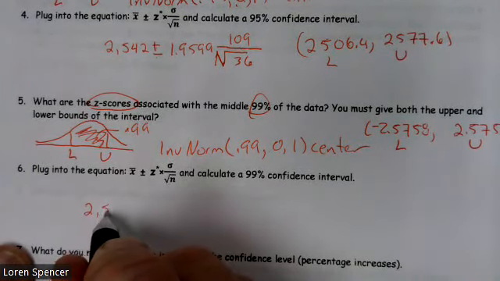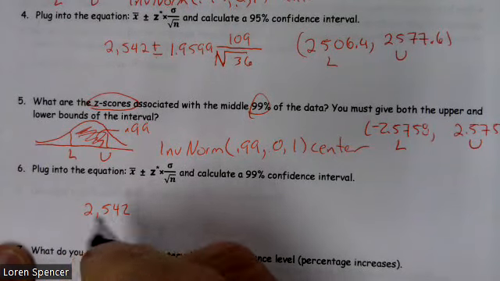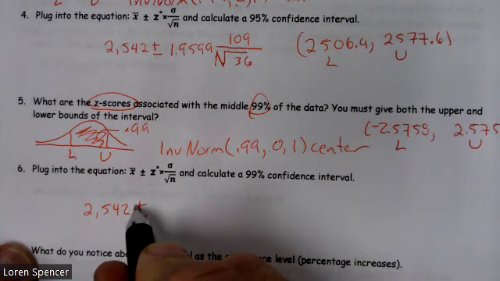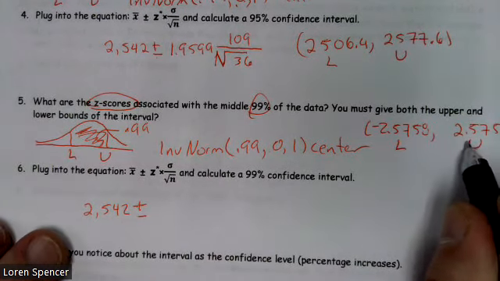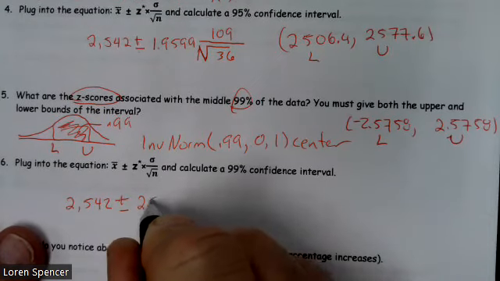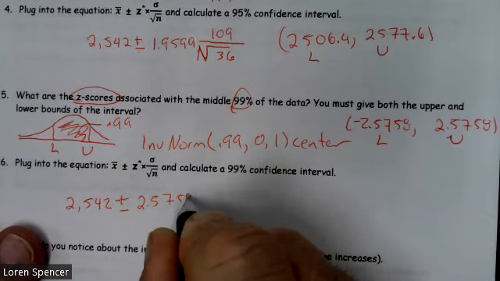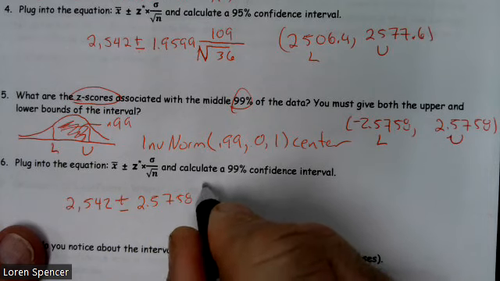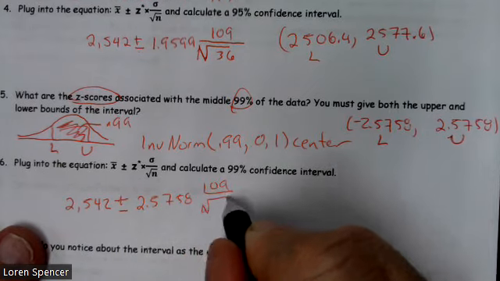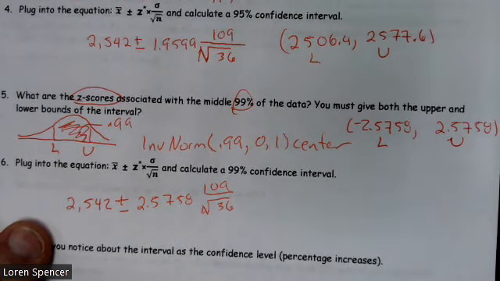So 2,542 plus or minus, and we always like to use the positive, 2.5758. Our standard deviation is still the 109 that we had before, and we have the square root of 36.